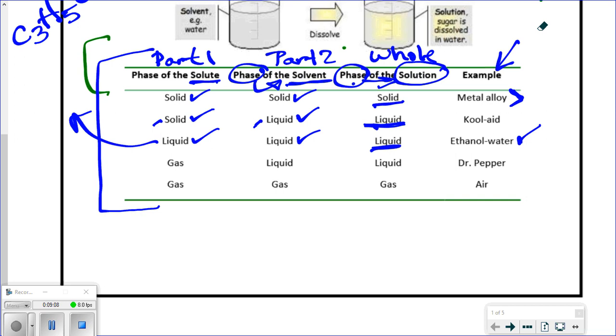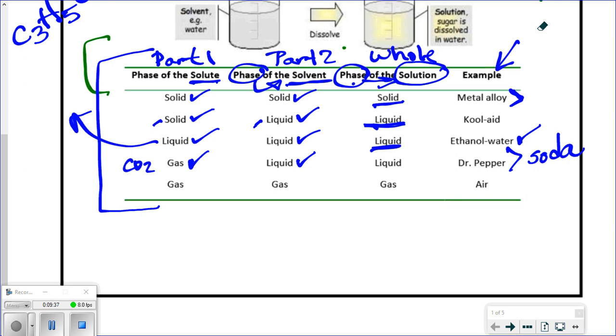All right, now what about if my phase of the solute is a gas, and my solvent is a liquid? So that's any soda. We take carbon dioxide gas, that CO2 there, and we dissolve it in liquid, mainly water, and then we get that dissolved carbon dioxide. And so that's actually a solution.